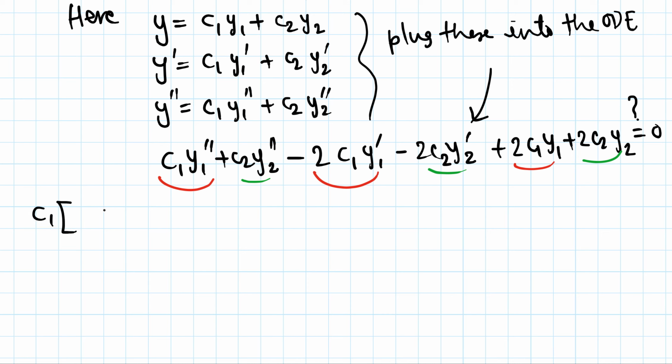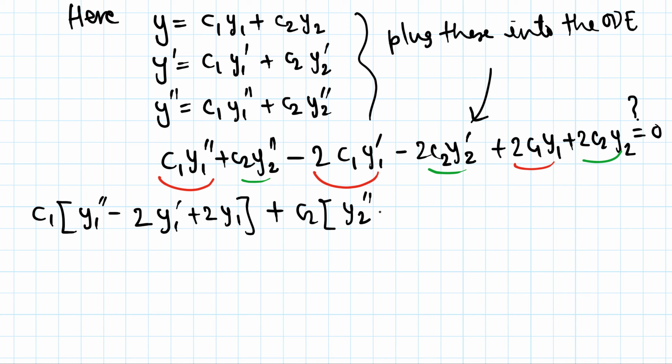That leaves y1 double prime minus 2 y1 prime plus 2 y1, plus from the terms containing y2 we can factor C2 out, so y2 double prime minus 2 y2 prime plus 2 y2. We are trying to see if this is 0.